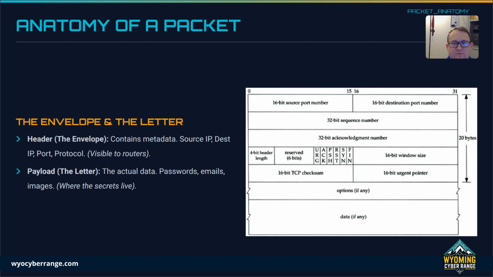This is normally visible to the routers. We need to also know the payload, the actual data itself. Passwords, emails, images, whatever they may be. This is where all the secrets live. Now in the diagram, you can see that the TCP header fields like source and destination are here. Okay? This is what a traditional packet looks like in a TCP packet.